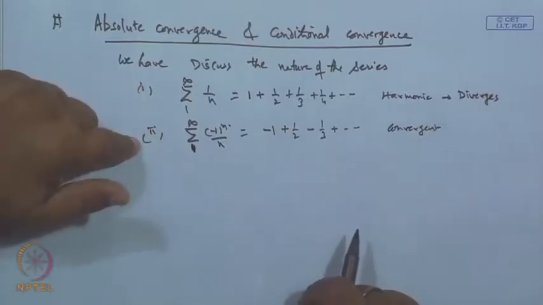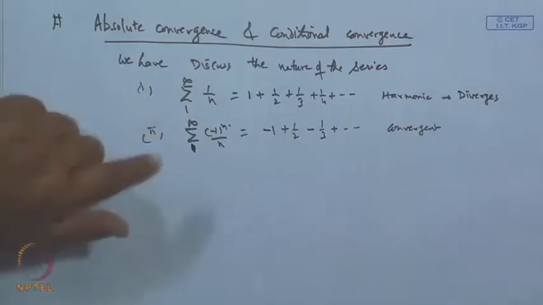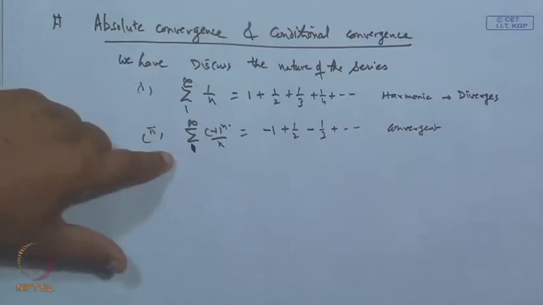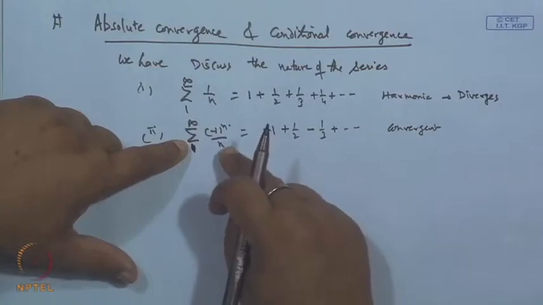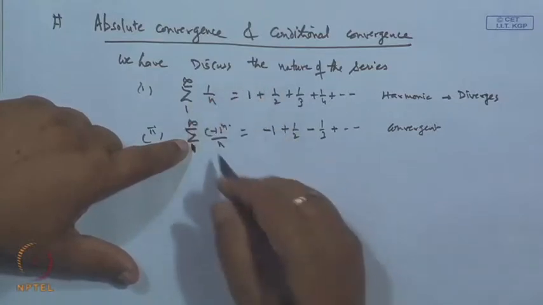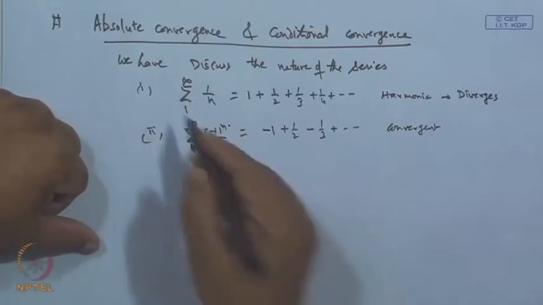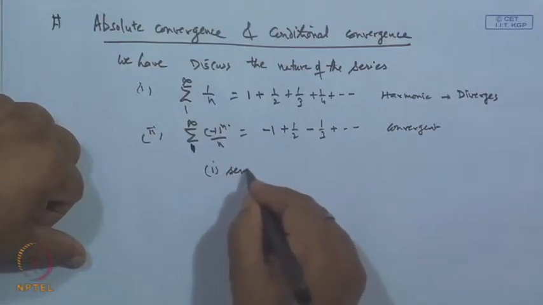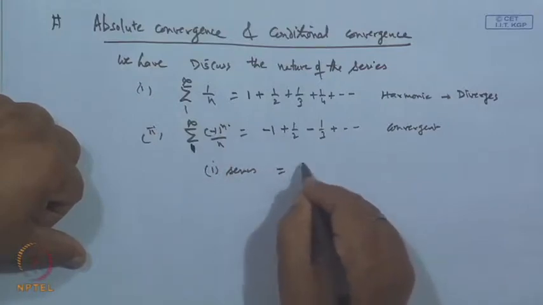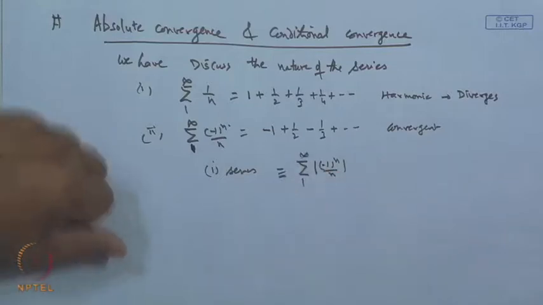Now, these two series give an idea of two different types of convergence. One is when the original series is convergent, what happens when you replace the terms of this series by their absolute values, because basically 1 by n is the absolute value of this term. This first series is nothing but the sum of the absolute terms of this series.